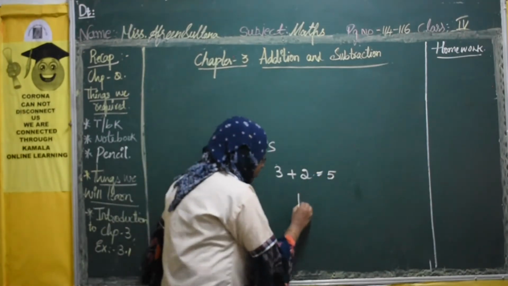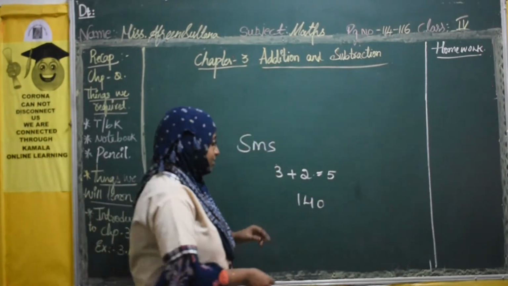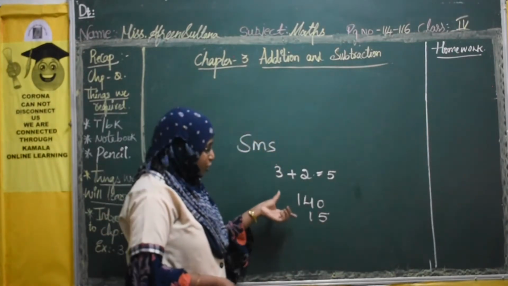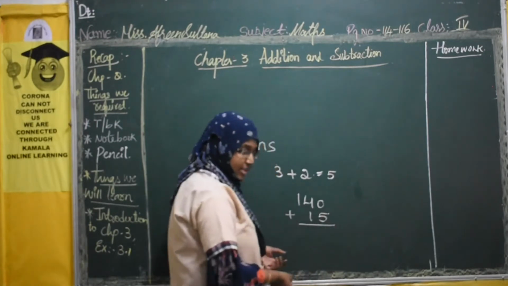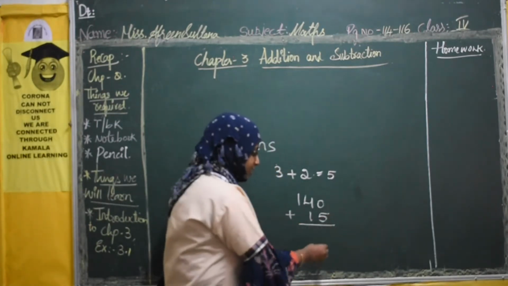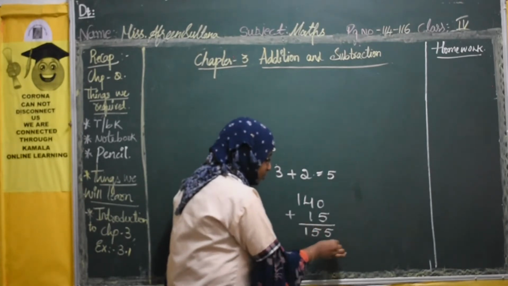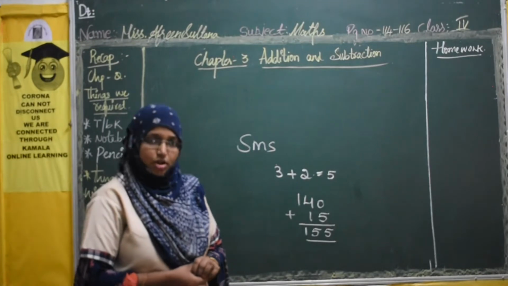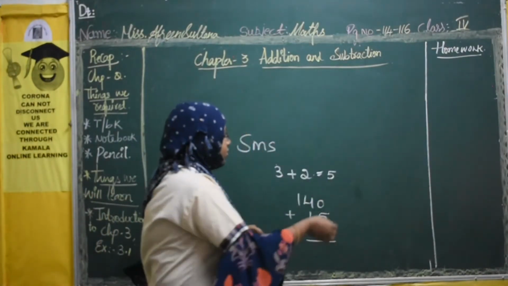Suppose I gave you 140 chocolates, and the second time I have given you 15 chocolates. Now you want to add up. You keep the simple operation: 0 plus 5, 5; 4 plus 1, 5; 1. So in total how many chocolates do you have? You have 155 chocolates. This is addition.